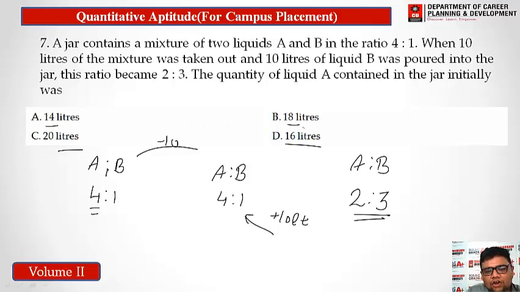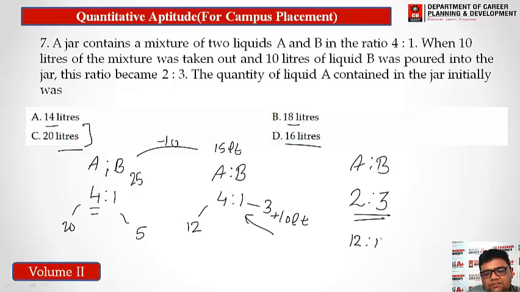Firstly, let us take option C. If A is 20 liters, then B is 5 liters, so there are 25 liters in total initially. If we subtract 10, then 15 liters will be left, out of which A will be 12 and B will be 3. If we add 10 liters to B, it comes out to be 12:13, which is not our answer.